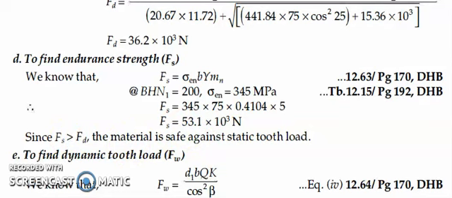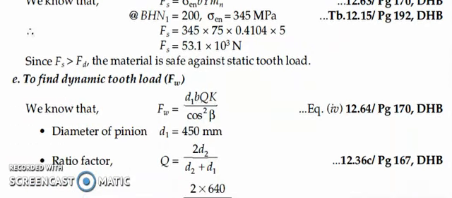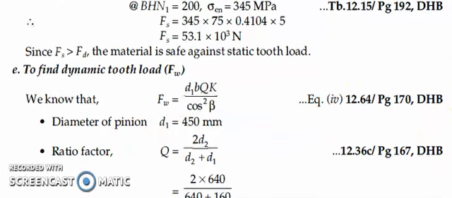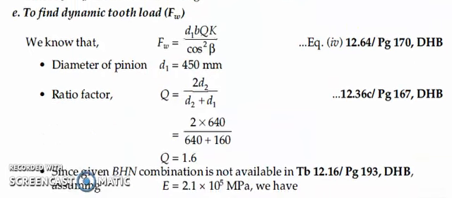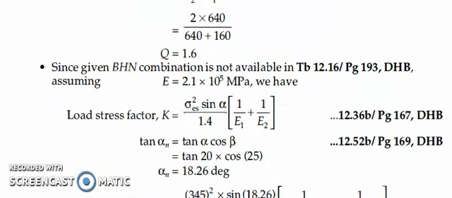Next is the wear tooth load. We can denote it as Fw, that is equal to D1 B Q K divided by cos beta, from equation 12.64, and the diameter we have already taken. Using these equations we can find the value of Fw.